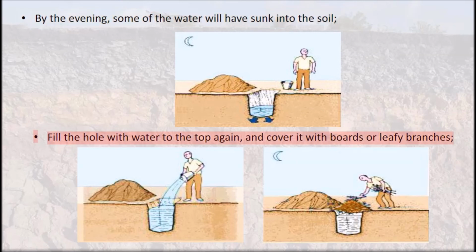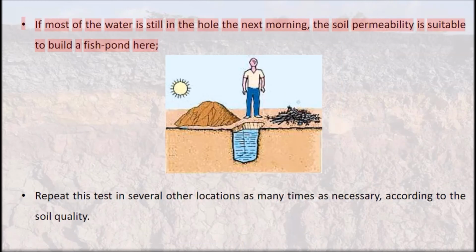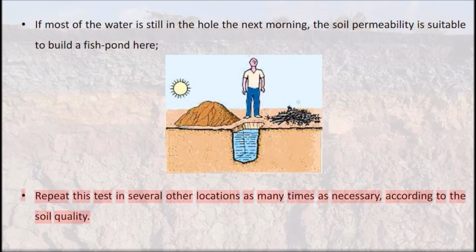Fill the hole with water to the top again, and cover it with boards or leafy branches. If most of the water is still in the hole the next morning, the soil permeability is suitable to build a fish pond here. Repeat this test in several other locations as many times as necessary, according to the soil quality.